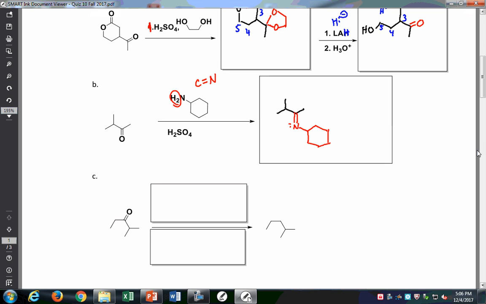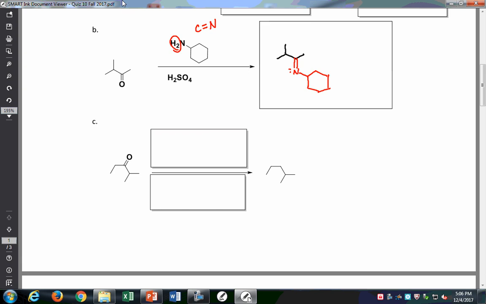Here, there's actually 3 routes that we talked about to completely reduce the carbon to an sp3 carbon with all hydrogens. 1, we just talked about: HCl and heat and zinc and mercury.